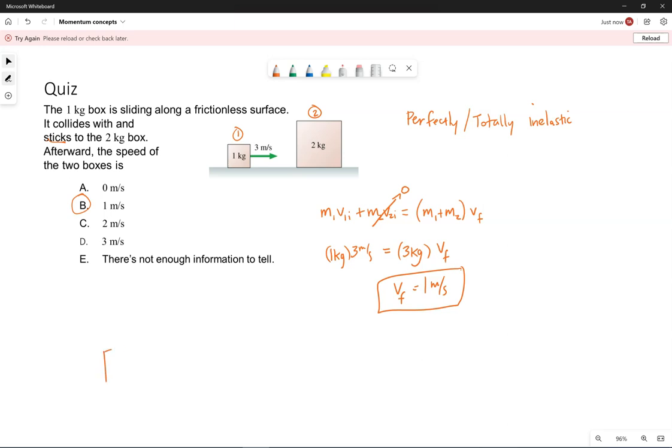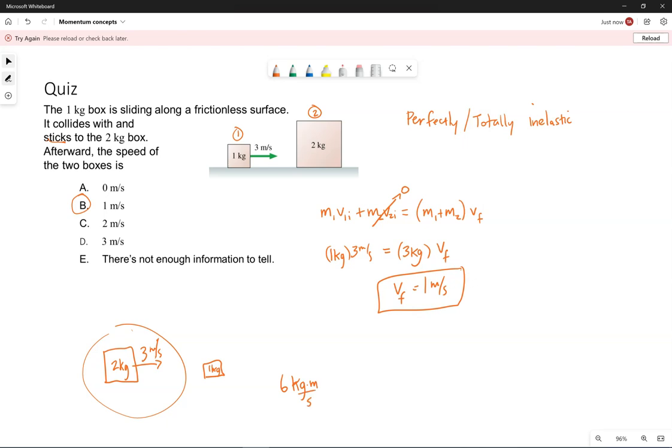Interestingly enough, though, if box 2 was the one originally moving at that 3 meters per second, and it runs into and sticks to box 1, the final velocity will be different. That's because initially we have 6 kilogram meters per second of momentum.